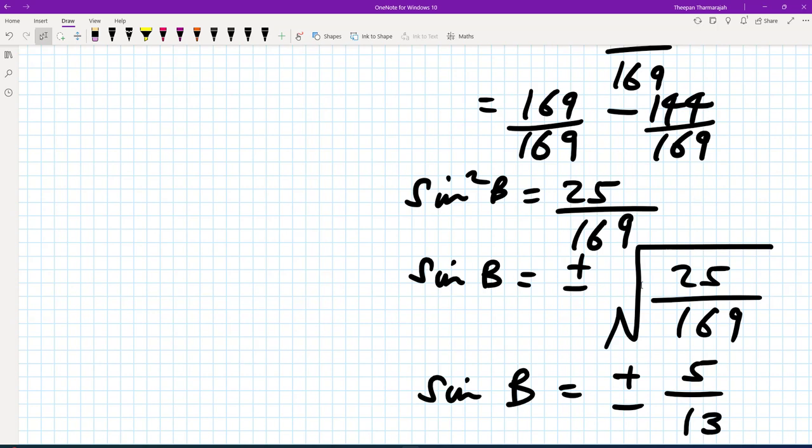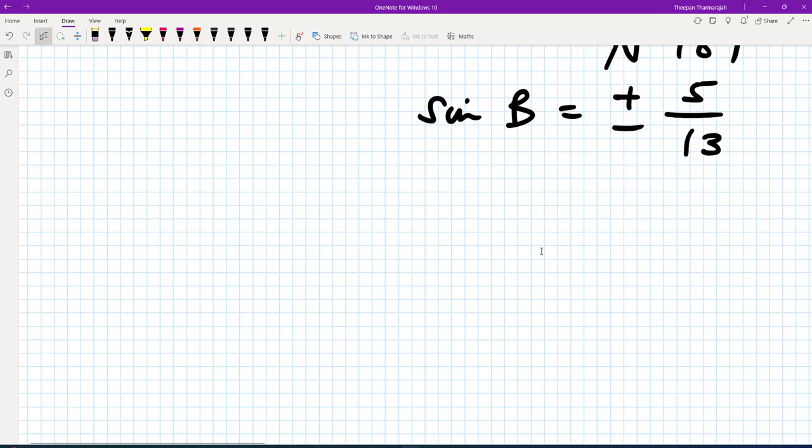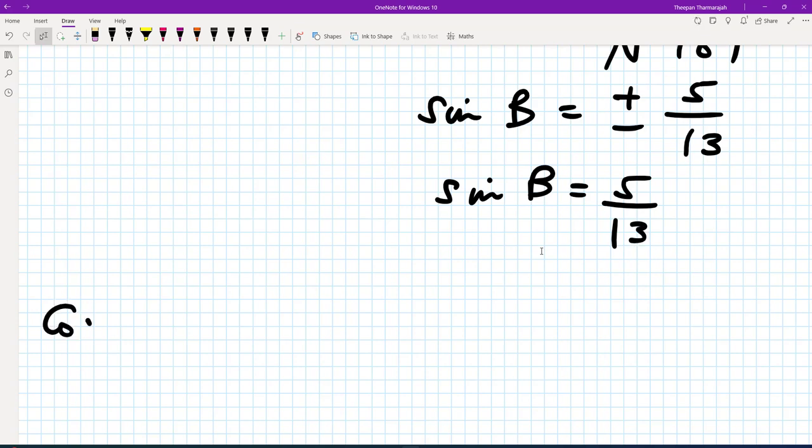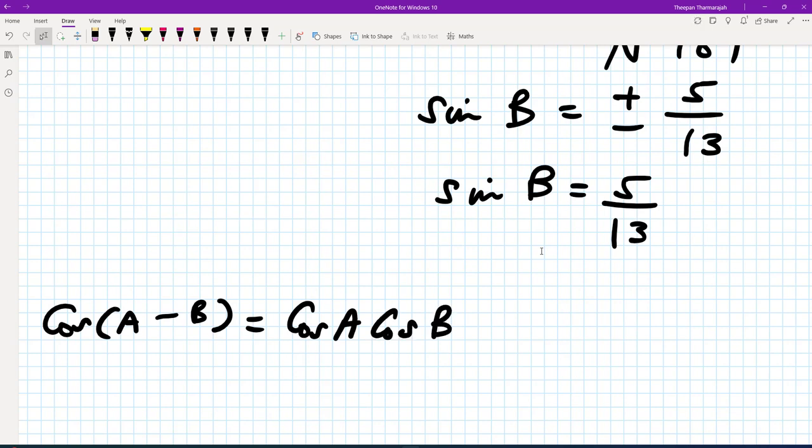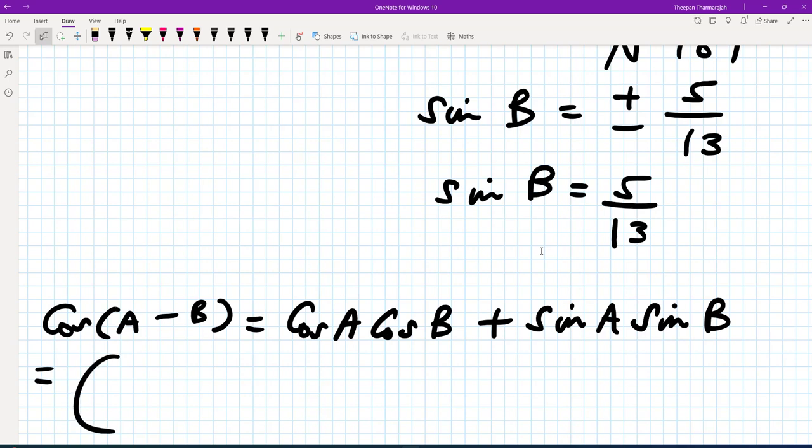Now we need to put this into the result of cos A minus B, but before that we need to say that because sine B is positive, it's going to be positive 5 over 13. So we can now write the formula out for cos A minus B, which is cos A cos B plus sine A sine B. So now we can write in our values.